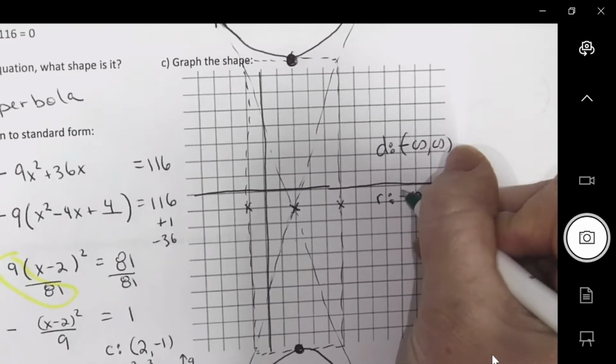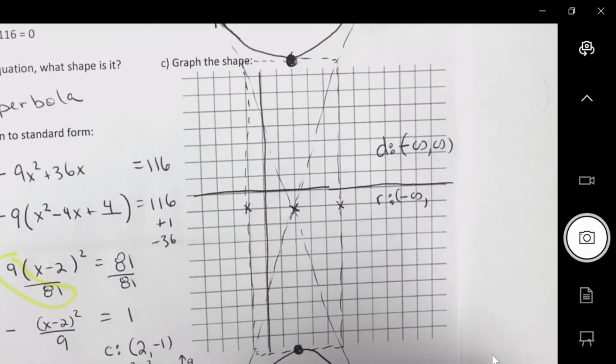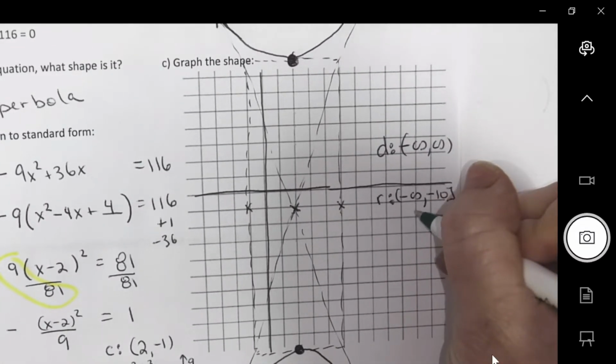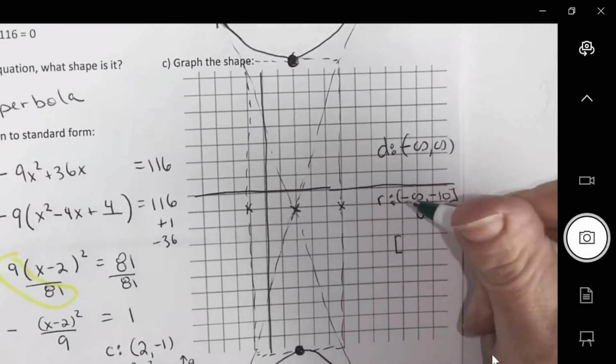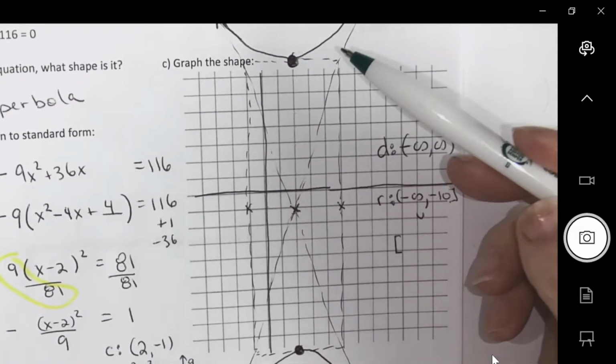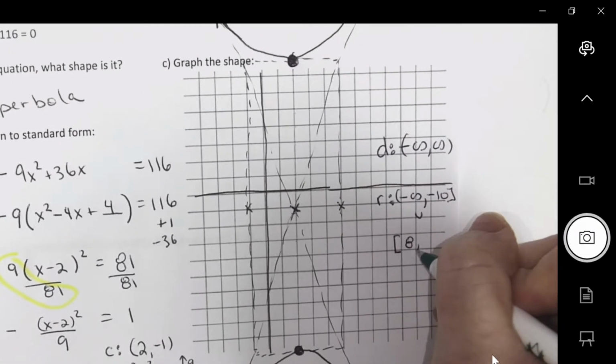So we go negative infinity to a height of, did anybody get a height on this one? Negative 10. And then we're going to reset at a height of negative 1 plus 9 is 8.